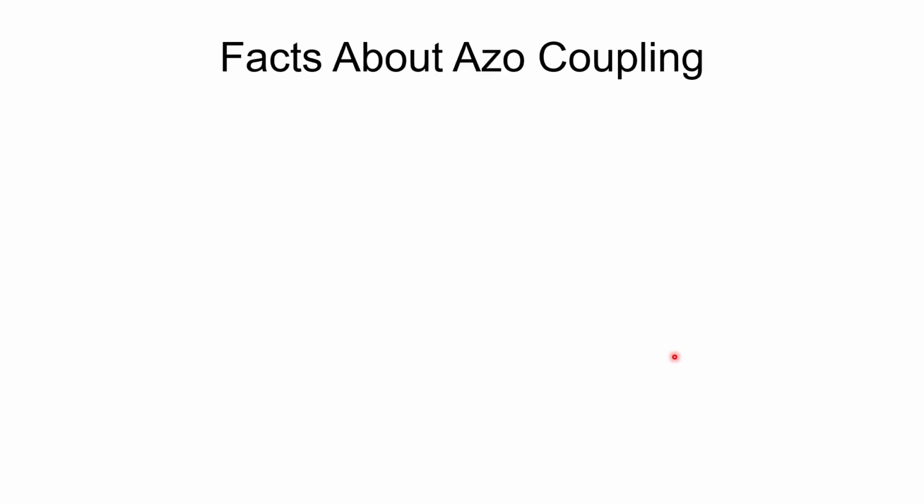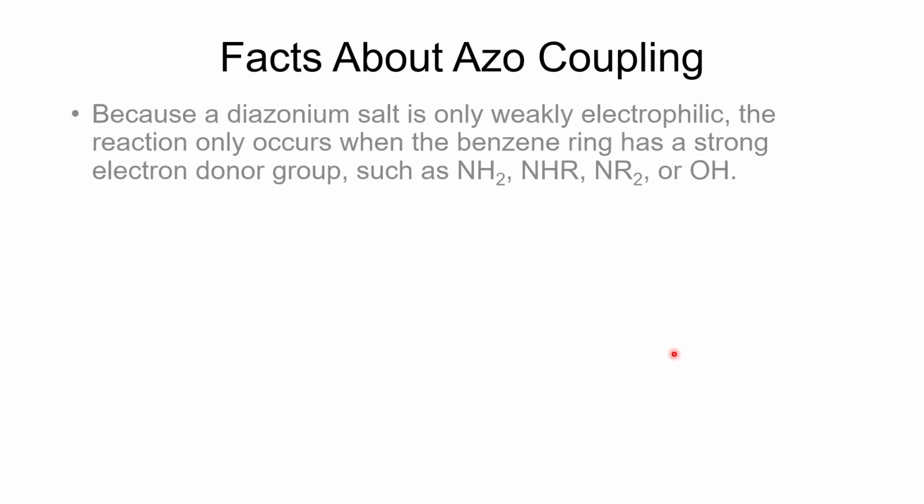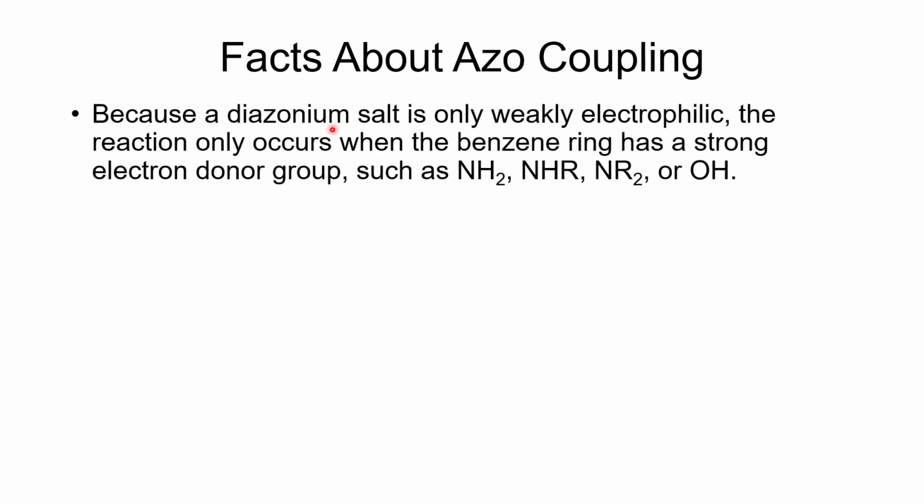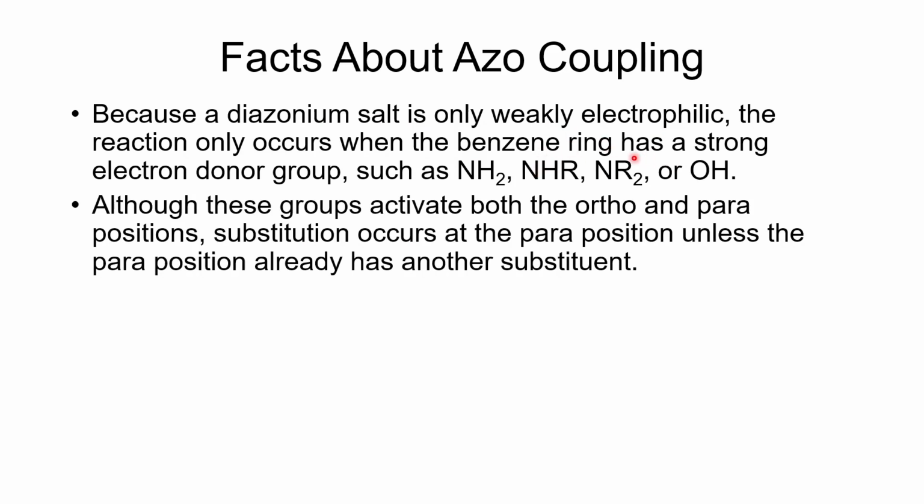Let's look at a couple of facts about azo coupling. Because the diazonium salt is only a weak electrophile, we need those strong electron donating groups. If we didn't have them to activate the ring, the reaction just doesn't happen very well.